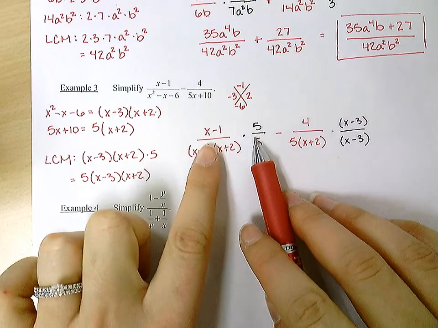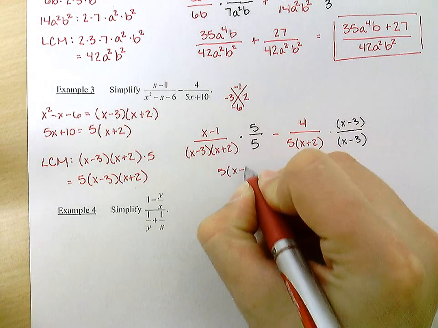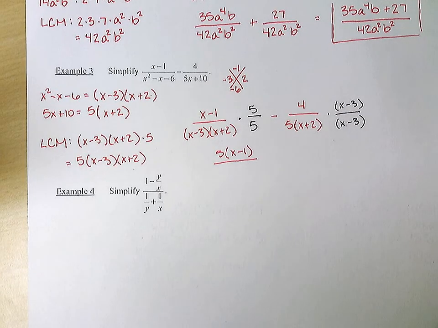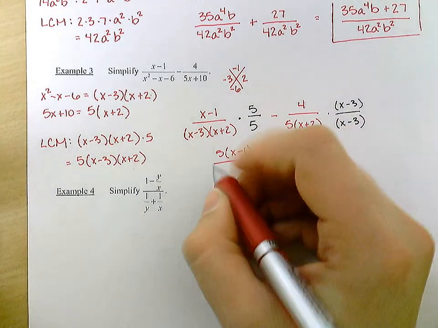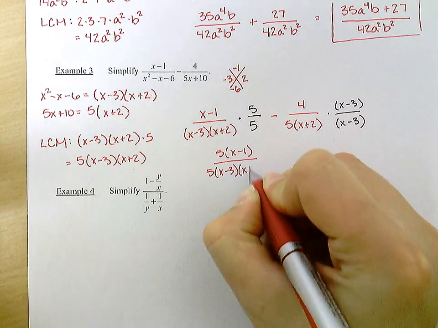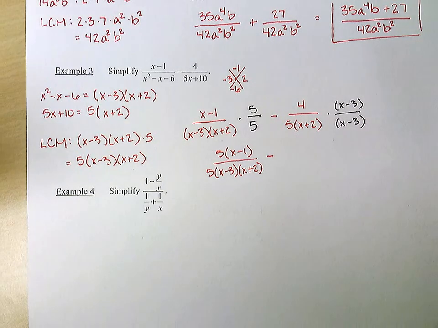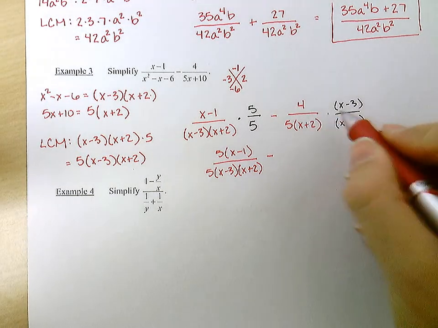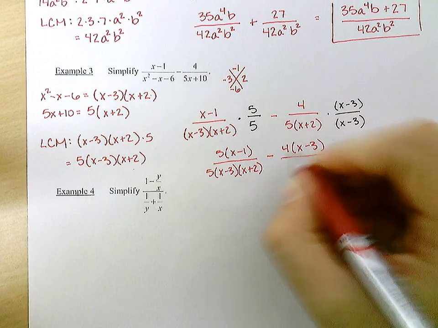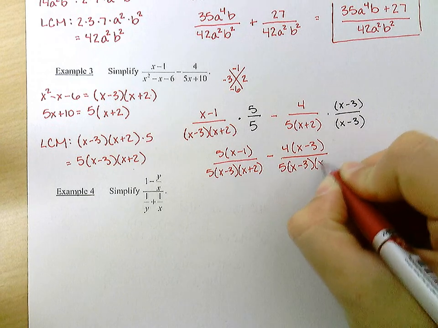Okay, from here I just need to multiply. So we have 5 times x minus 1 over 5 times x minus 3 times x plus 2. Then we're subtracting our 4 times x minus 3 over 5 times x minus 3 times x plus 2.